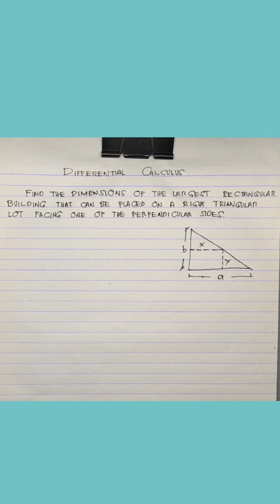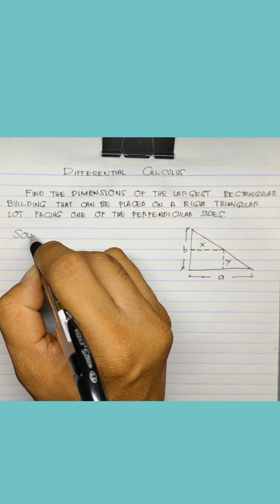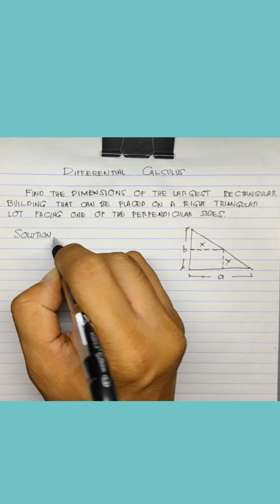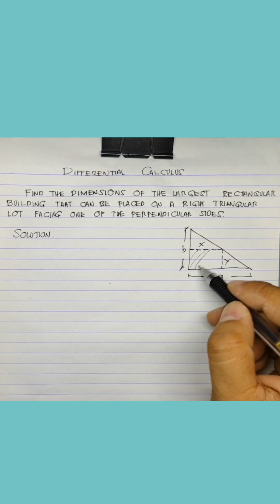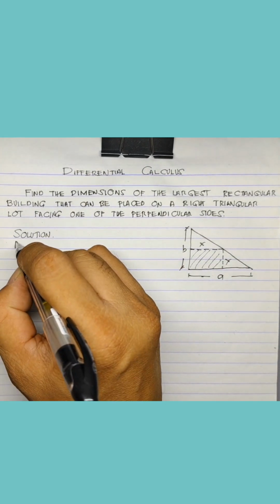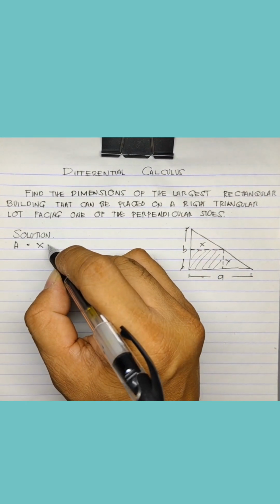Okay. So the solution will be: the area is X times Y, the area of a rectangle.